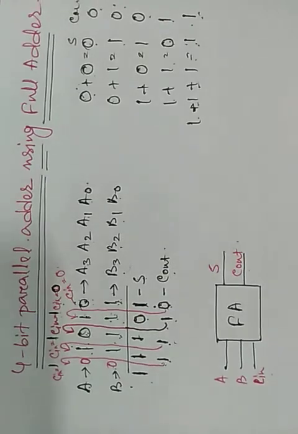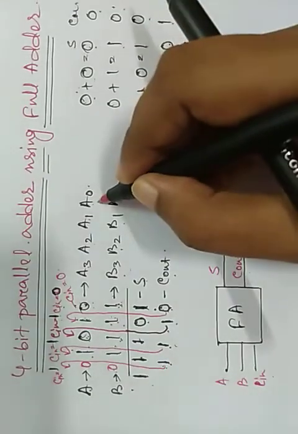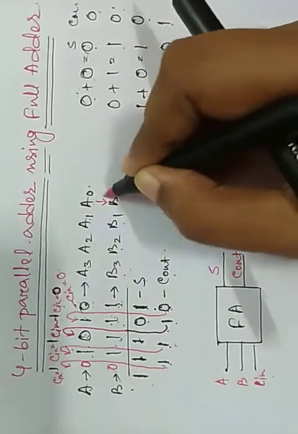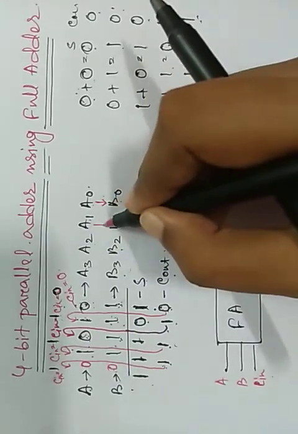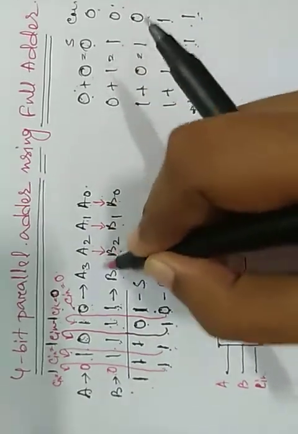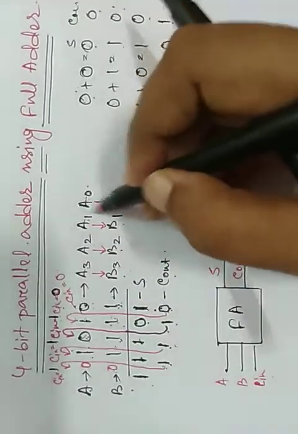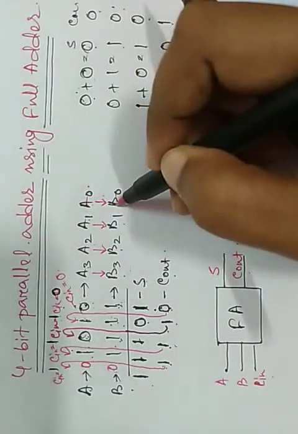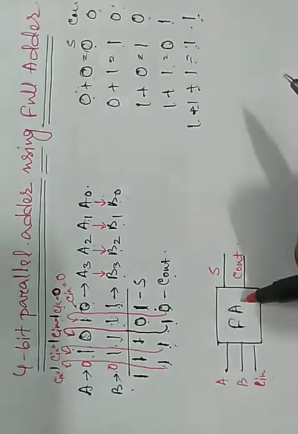Every time it adds A0 with B0, A1 with B1, A2 with B2, A3 with B3. So for every single bit addition we need one binary full adder.